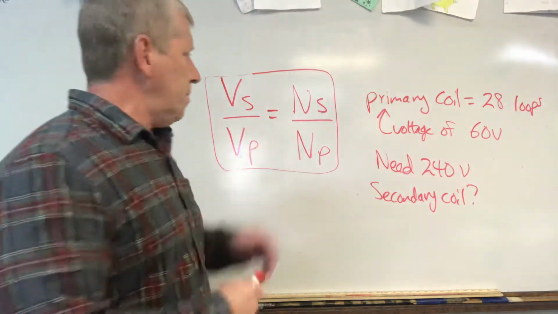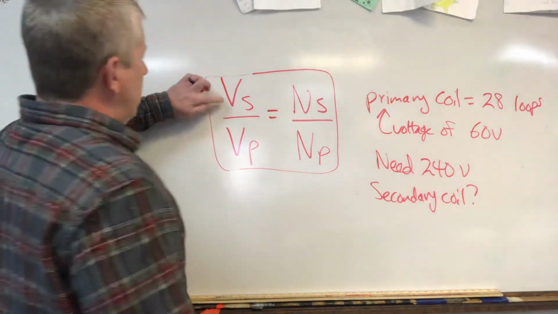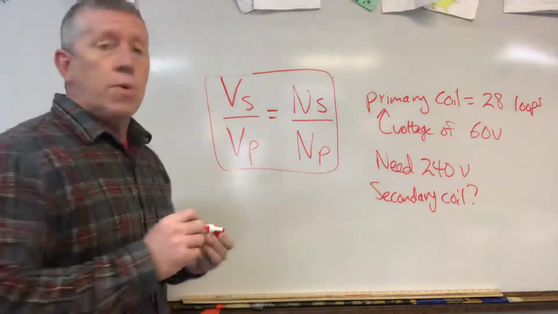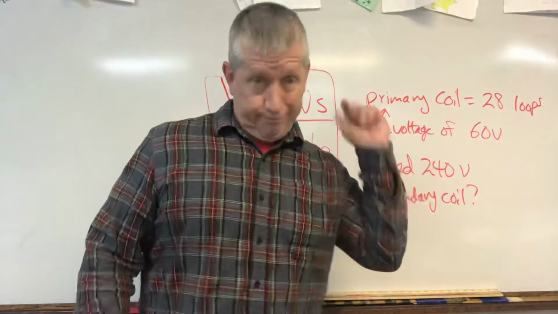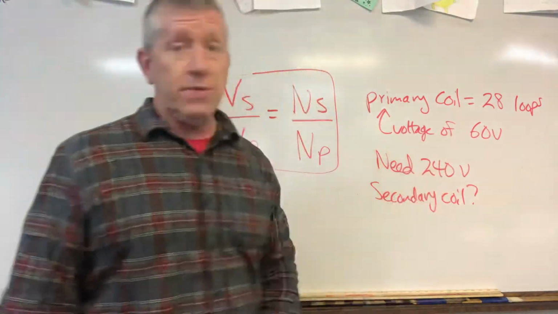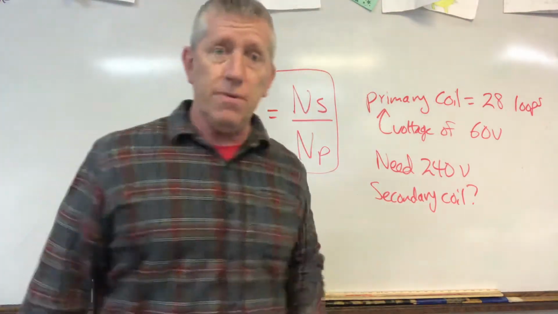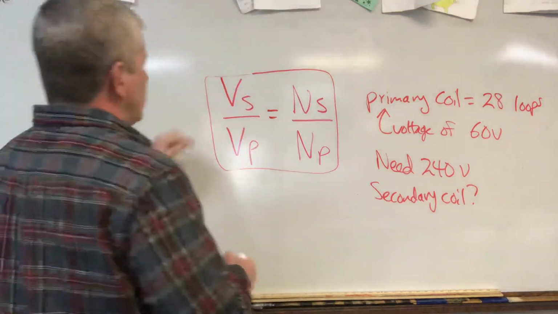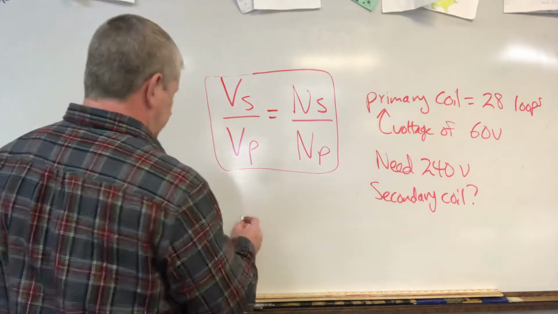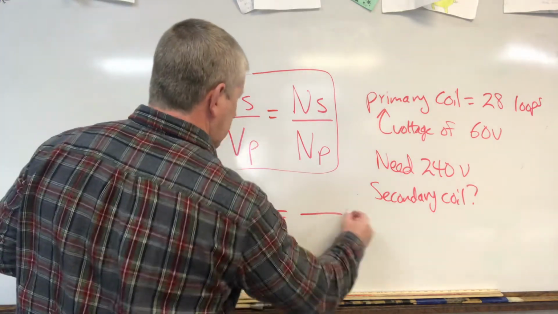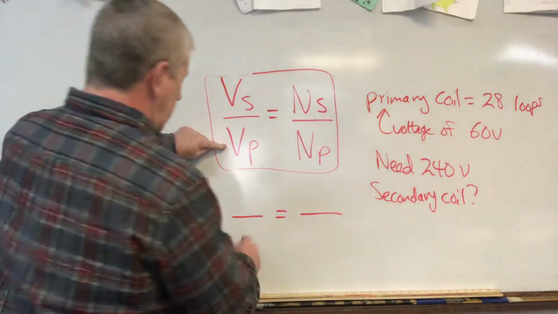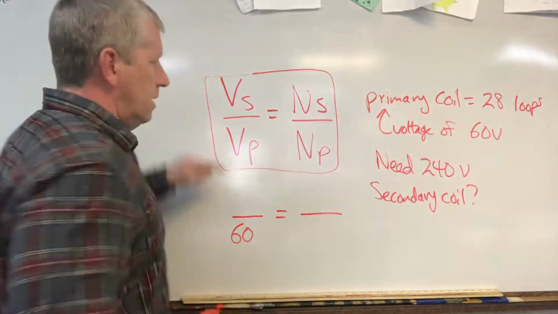Okay, well, just set the proportion. The secondary voltage is what I need. And first of all, what kind of a transformer is this? We're going from a voltage incoming of 60 and outgoing of 240. That's a step-up transformer. So we're increasing that. So let's set up our secondary voltage and our primary voltage. Primary voltage, 60.